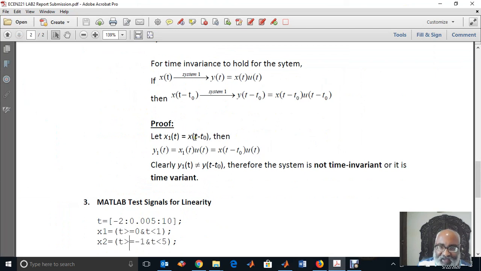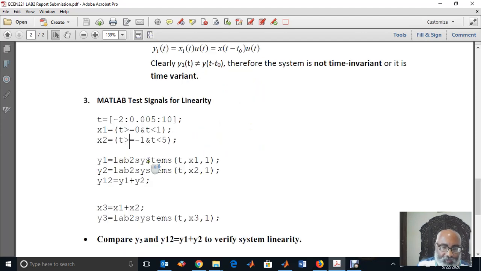Second case, we delay first the input and we pass it through the system. The output of the first case should be the same as the output of the second case. If this condition is fulfilled, we call the system time invariant. Otherwise, the system is time variant.